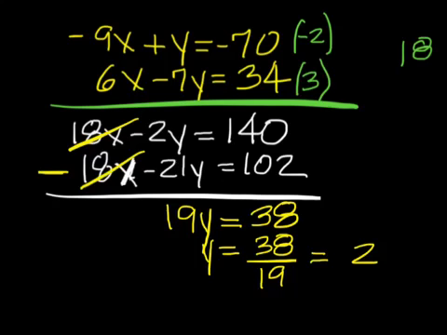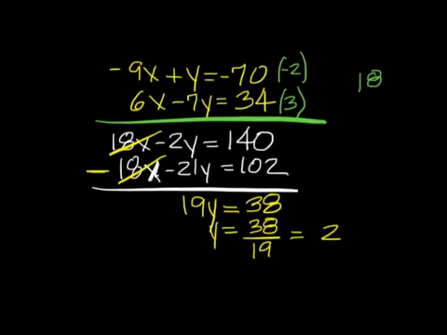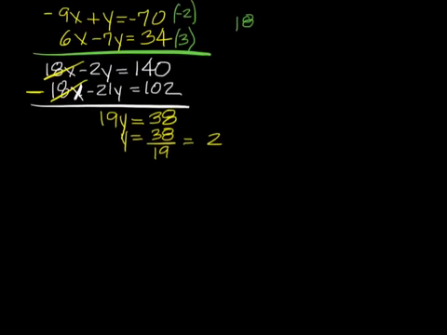And once you have that 2, you can plug it back in to this one or this one. So it would go here or there. I'm going to choose the top one. So I'll lower this down and go to here. And on the top equation, it's negative 9x plus y, but instead of y, I'm going to use 2.